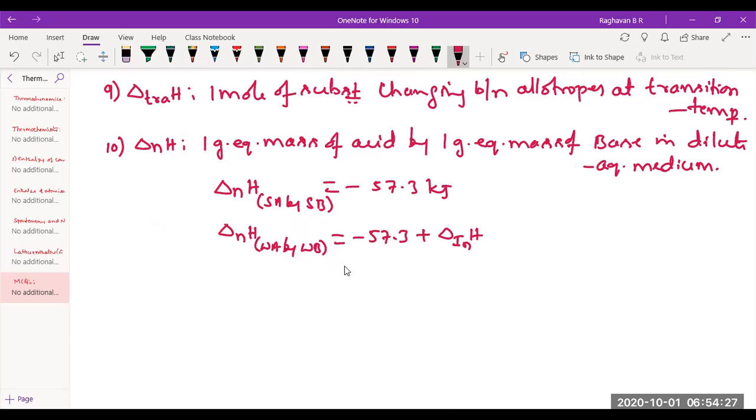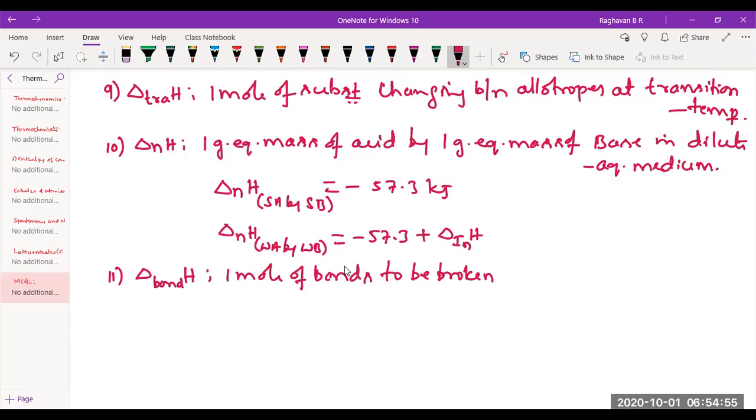Apart from that, we have just seen bond enthalpy, or simply we represent it as BE. Bond enthalpy is for 1 mole of bonds to be broken by absorbing energy.